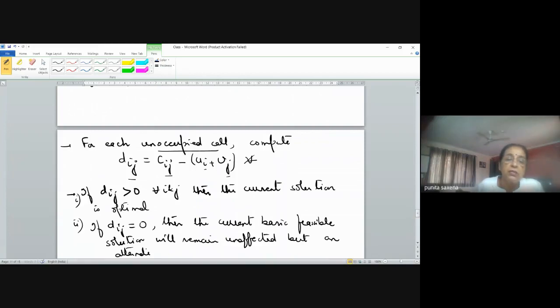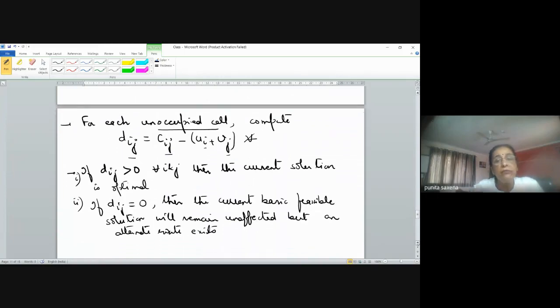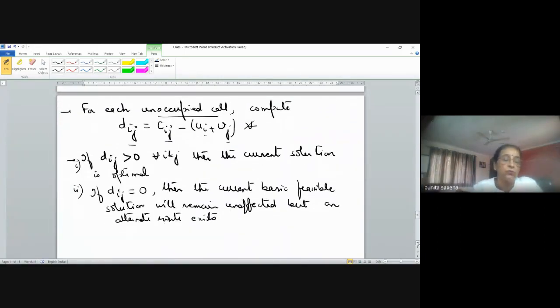So this becomes the case of alternate solution, but such that the optimal, the minimum value will not change, but you may have different kinds of allocations also. Your minimum cost is going to remain the same in that case.